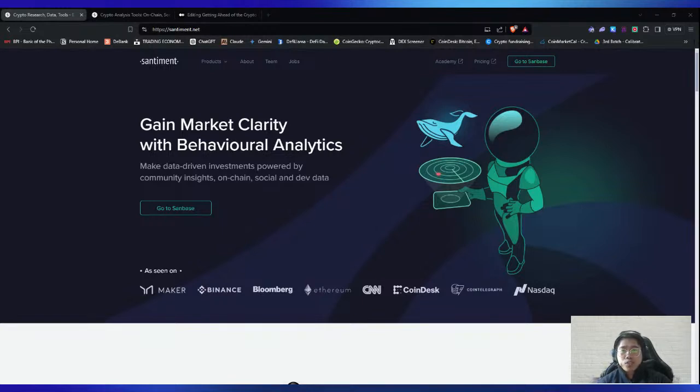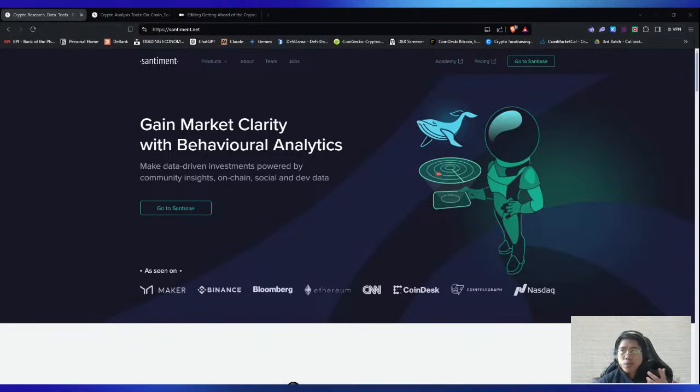So, just to give a brief review of what Sentiment is, Sentiment again is a cryptocurrency and blockchain focused financial market data and content platform. They provide traders and investors alike with metrics and tools to identify opportunities in the market. And Sentiment also helps developers through the Sentiment API, allowing them to fetch data for integration on their specific platforms.